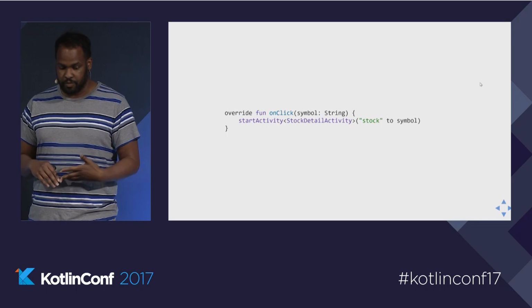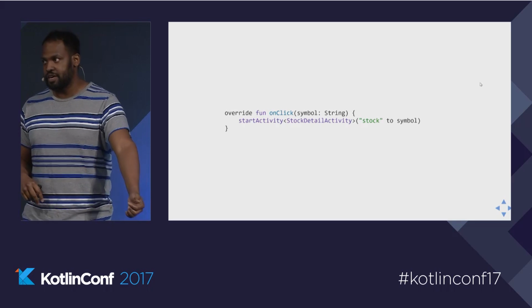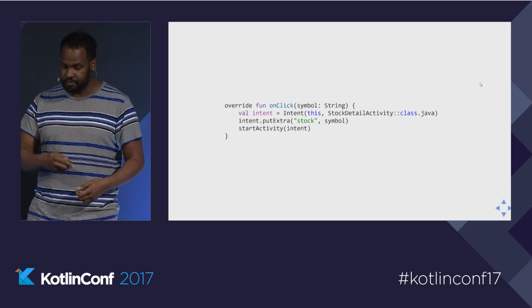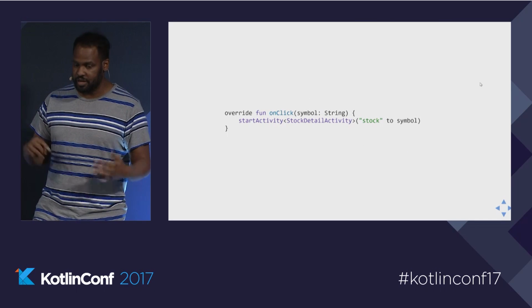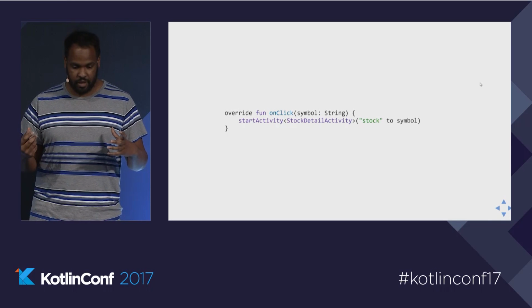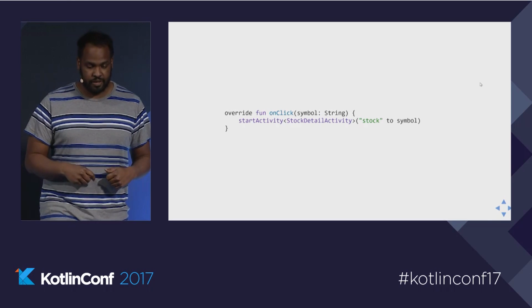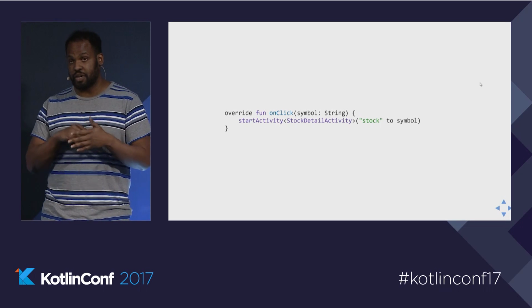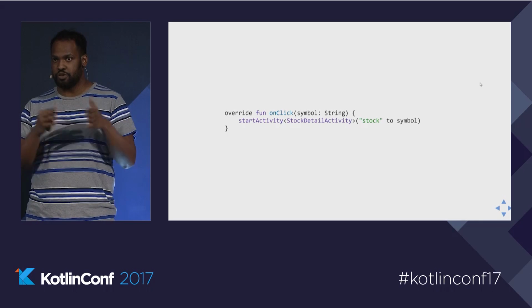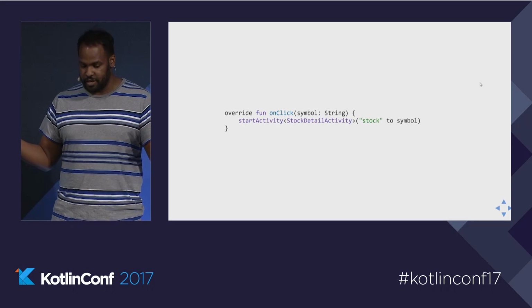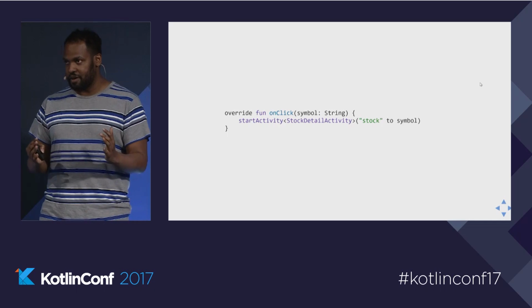And one of the cool things that it's doing here is for the putExtra, that is using the Pair object. And Pair, a tuple rather, puts a function on every single object called to, so you can do sort of an implicit mapping of stock to symbol, and it will make that a pair.